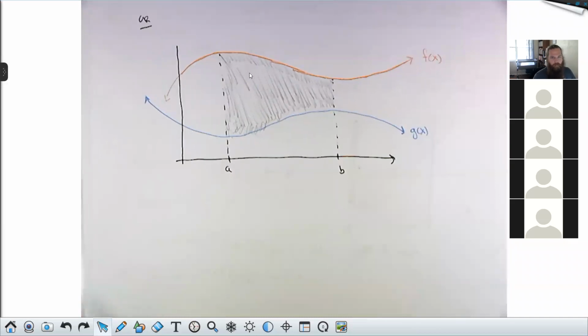You can think of it as the area under the orange function minus the area under the blue function.